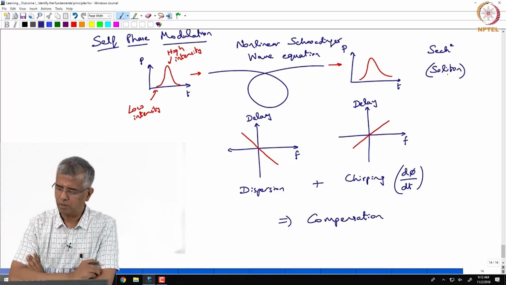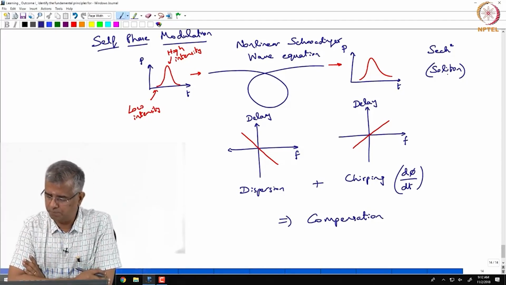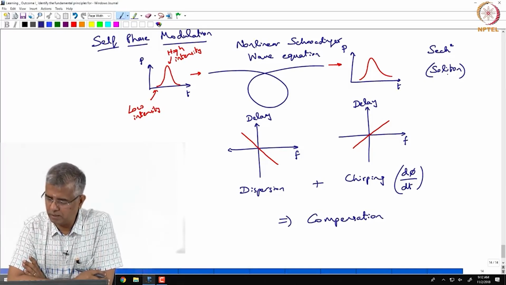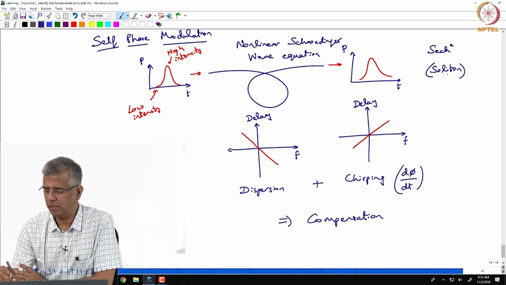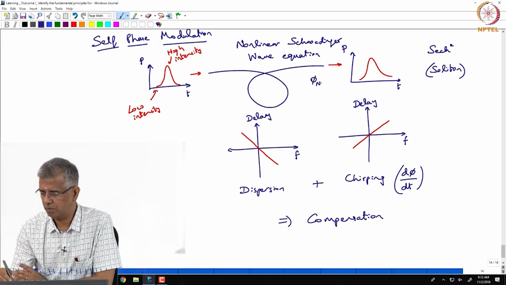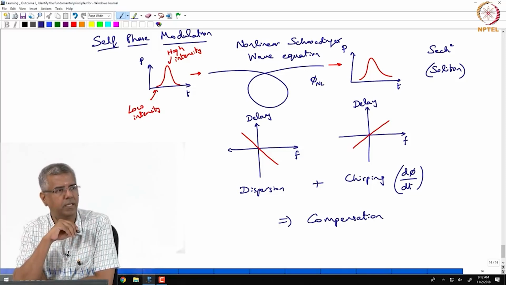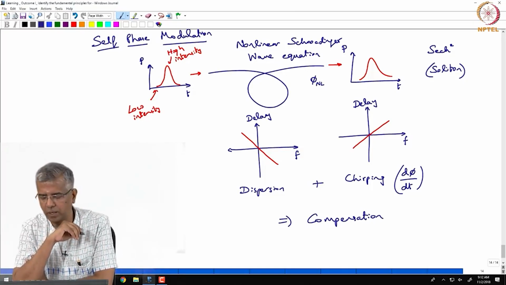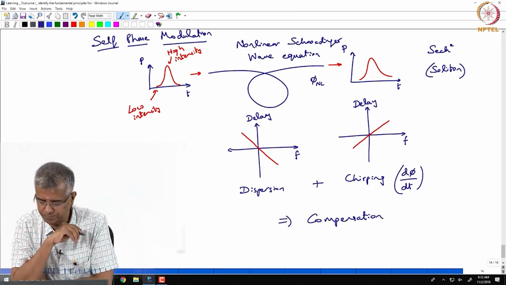Okay, so let us take a look at this in a slightly deeper manner. Let's try to quantify the nonlinear phase that you accumulate while propagating down the fiber.